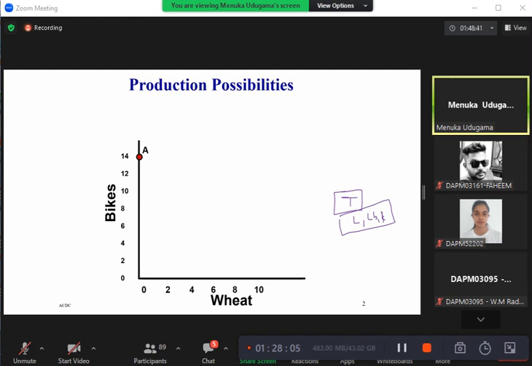So given those assumptions, we say that if you don't produce any wheat, using these resources, we can produce 14 units of bikes, 14 bikes.